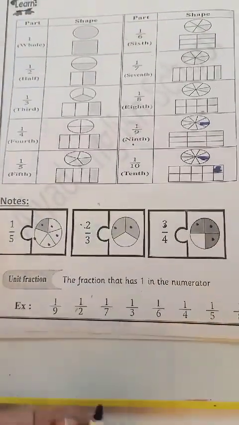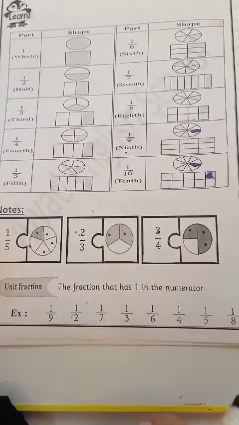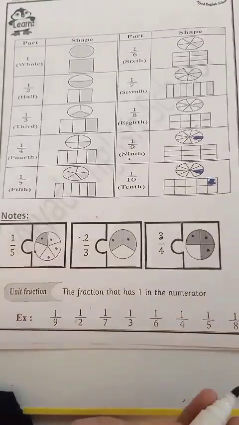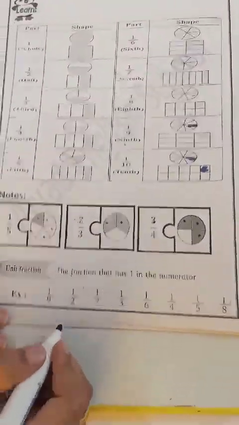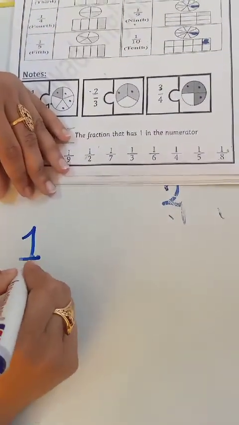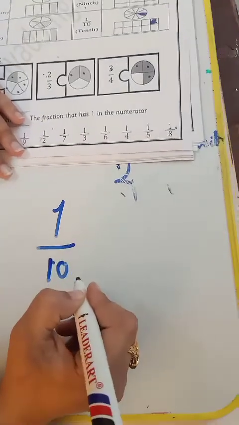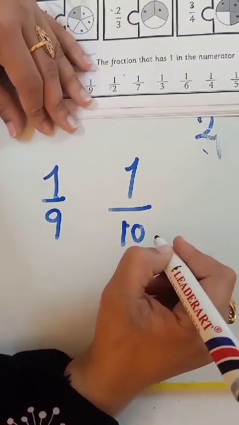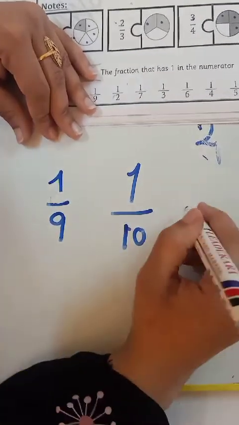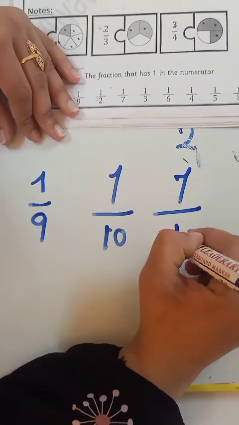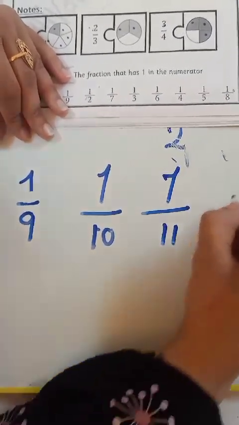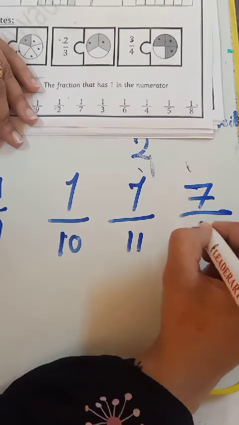The unit fraction. What's the meaning of the unit fraction? It's any fraction that has the numerator 1. So this is a unit fraction. Yes. This is a unit fraction. Miss, but is this a unit fraction?